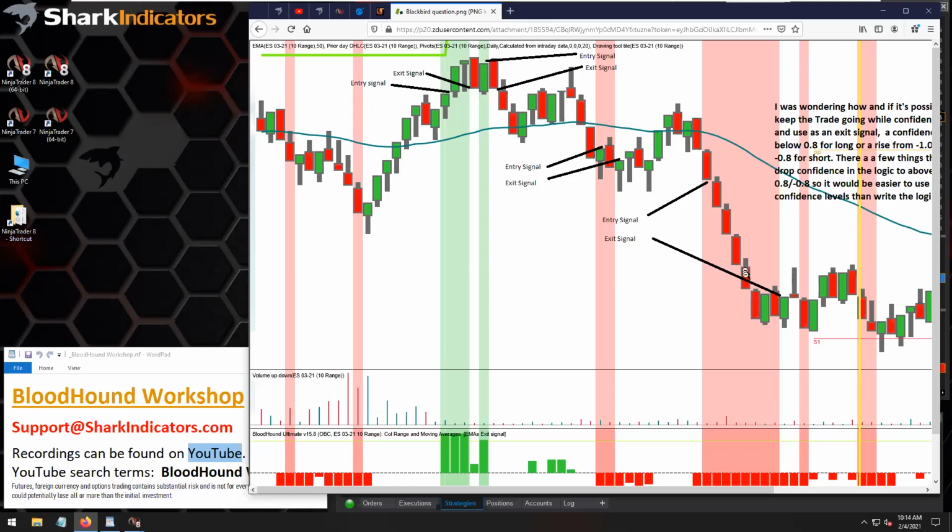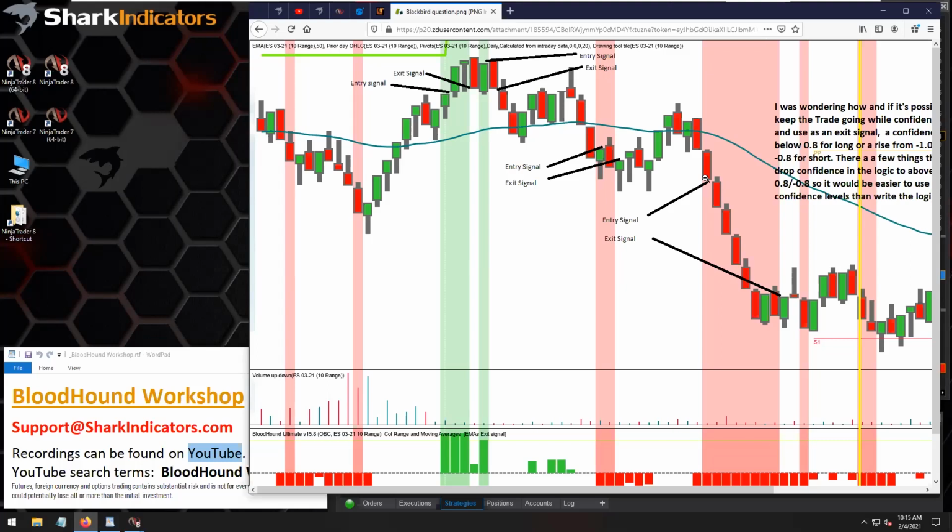So on the next bar, this next bar here where my cursor's at, we can see there's another entry signal. So Raven will now open another short position. Since the target was hit and the position went flat, when this bar closes there is no position on. So when the next bar opens, Raven and Blackbird will see that there is another entry signal here, and it will place another short trade.